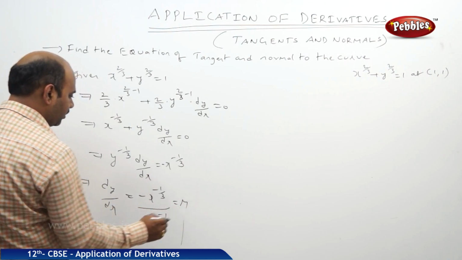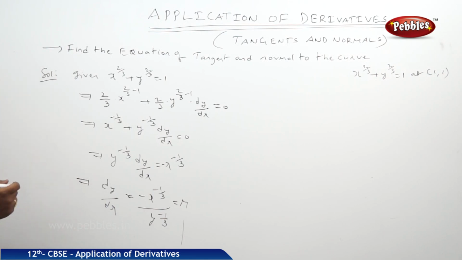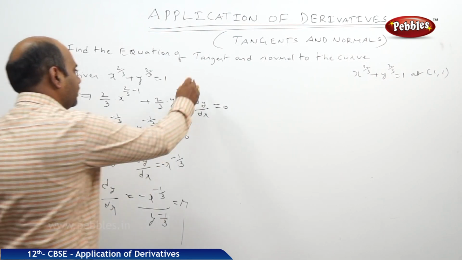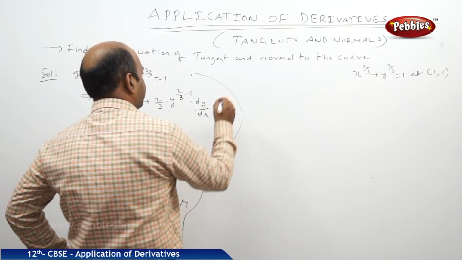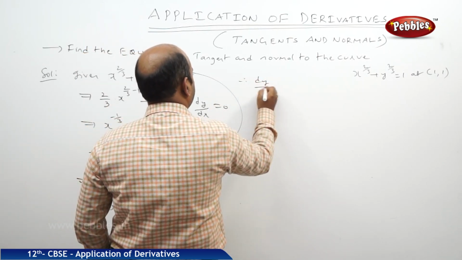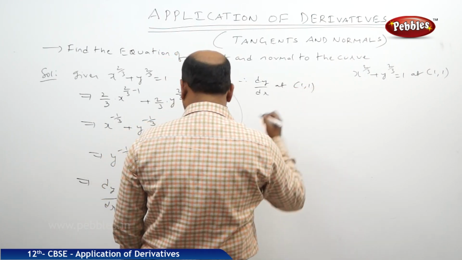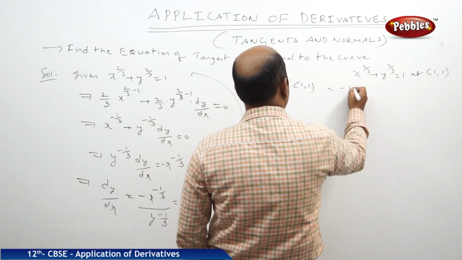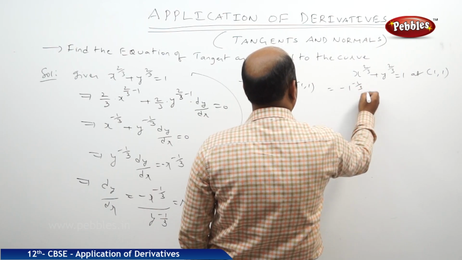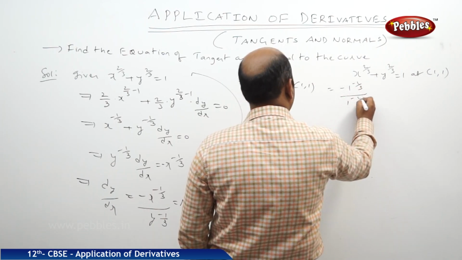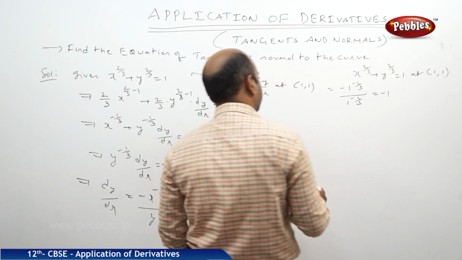So this value I call it as m. Therefore dy by dx at (1, 1) is given by minus 1 power minus 1 by 3 divided by 1 power minus 1 by 3, that will be minus 1.